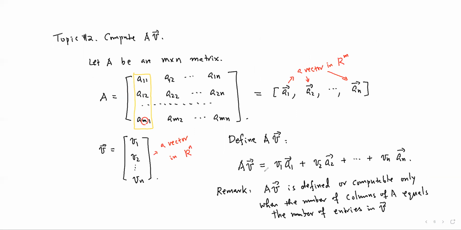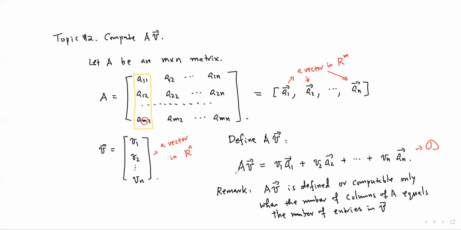Let me give this equation a name: formula 1 is one formula to compute A times a vector. If I write this formula in detail, then I will have a second formula to compute a matrix times a vector.